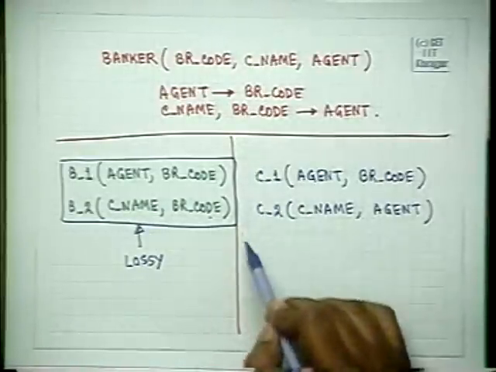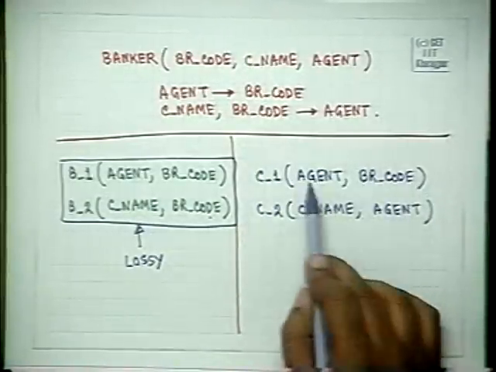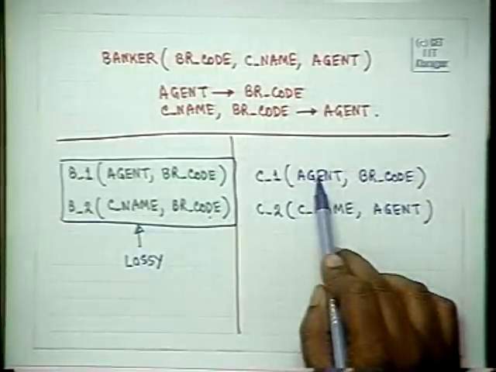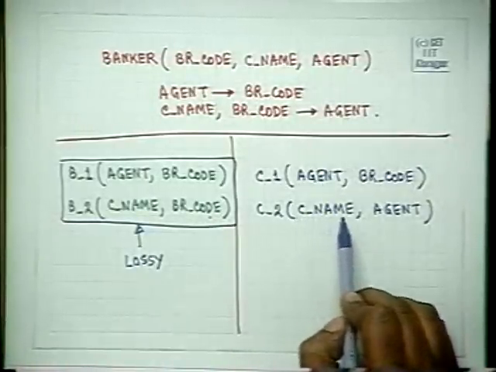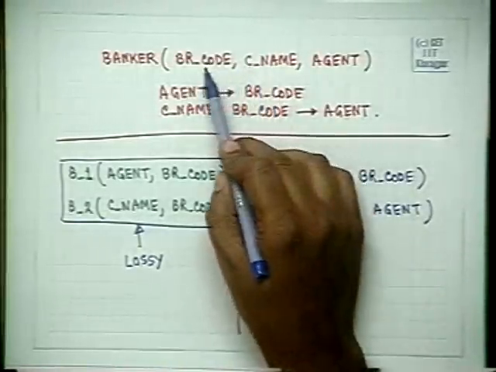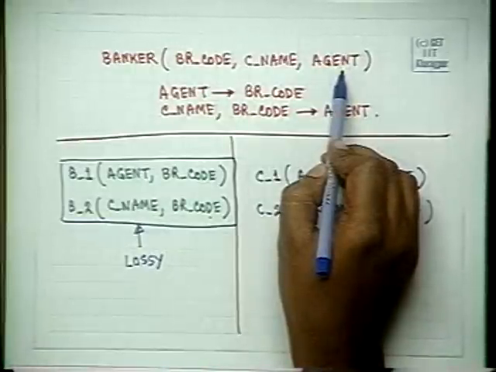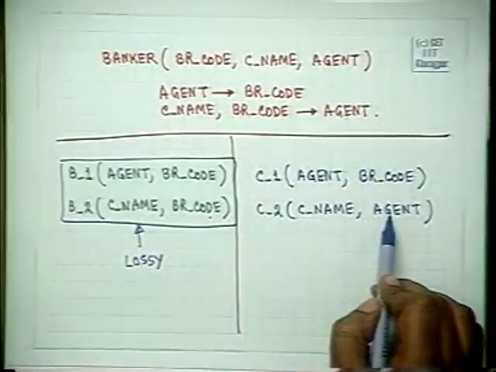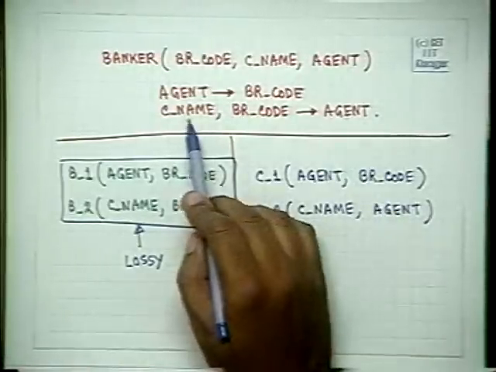On the other hand, here agent being the primary key, if this customer name has got a particular agent, customer name and branch code will give you agent. Now this customer in 5 branches may have got 5 agents.